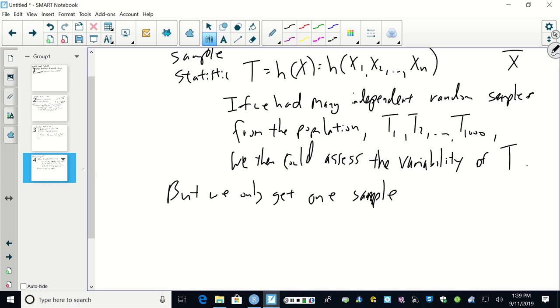So instead, if we could create an artificial population or an approximation to a population, and we sample from that, it could kind of do the same process.